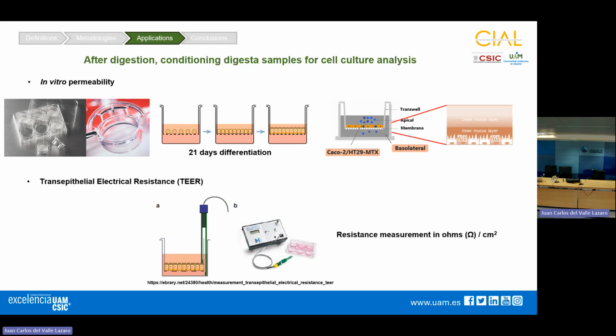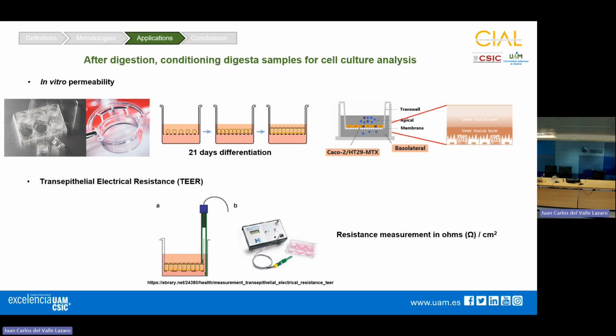I mentioned that after 21 days, we have that fully differentiated monolayer. And how do we know that it's okay and functioning okay? We measure the transepithelial resistance. And how do we do it? We have this device here that has an electrode, and it passes an electrical current.